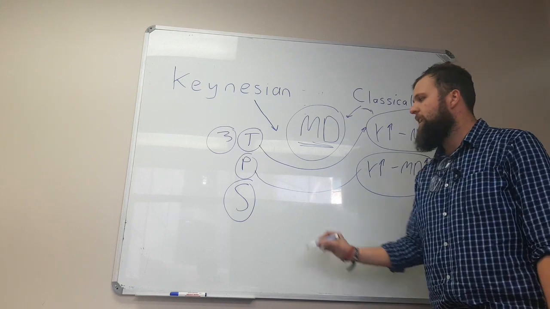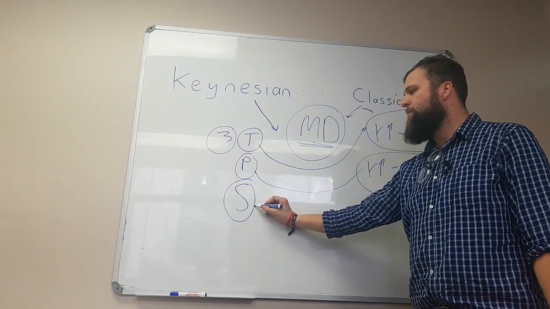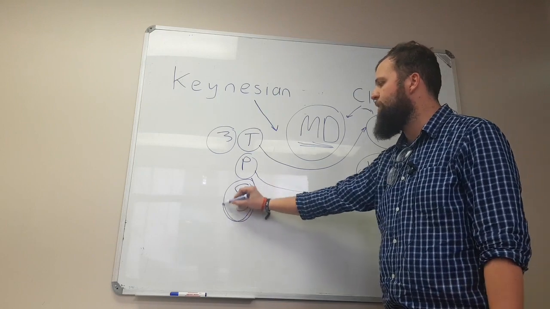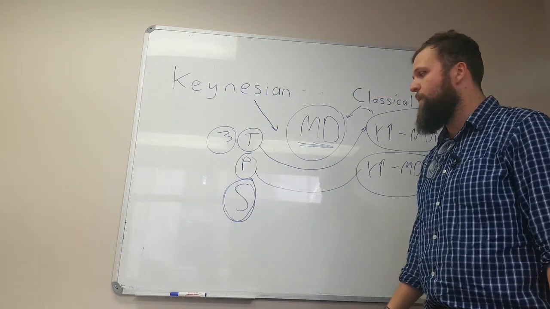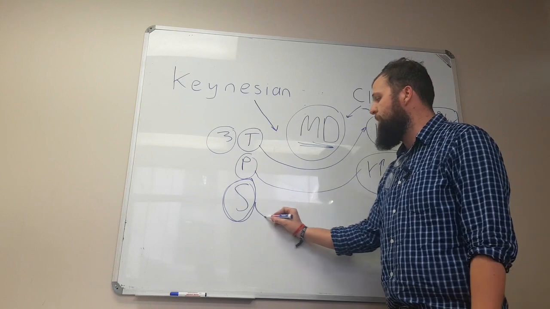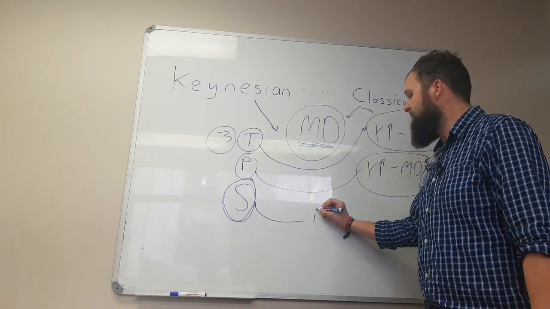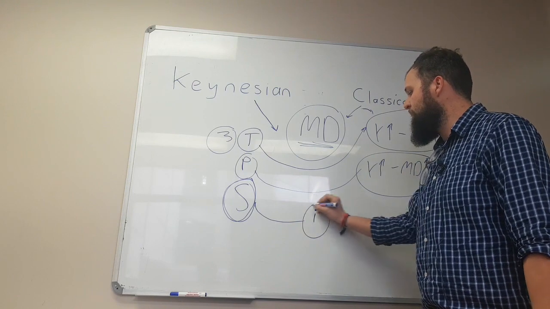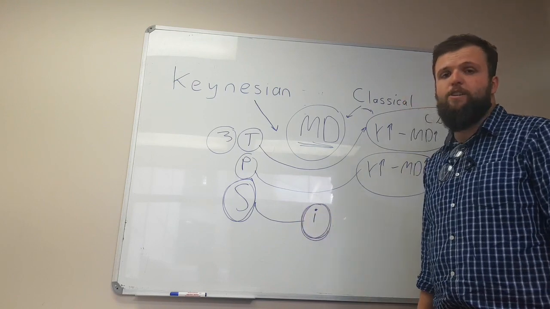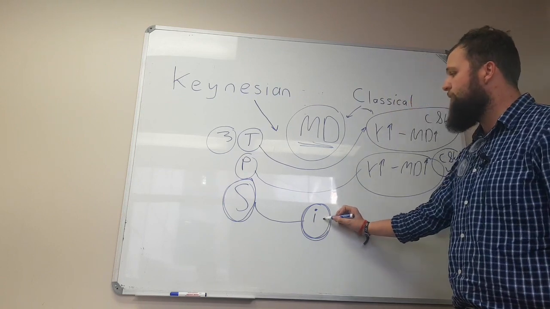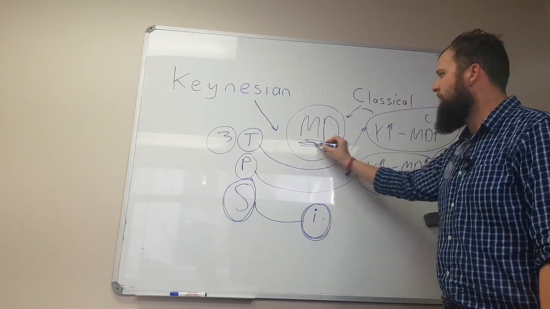Now the last one, and this is where the difference came in, because the classical school does not look into this third reason, which is the speculative motive. The one variable included in the speculative motive that we have to understand is that interest rates now play an important part in your determination. Why? Let's go back to what money demand means.